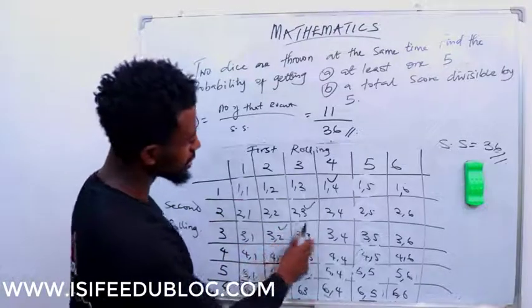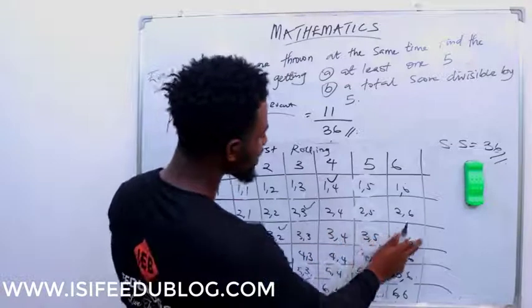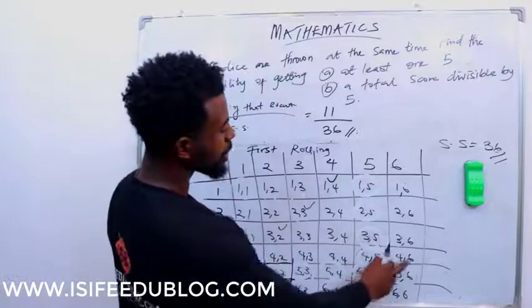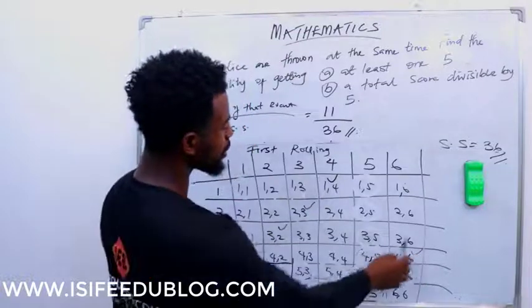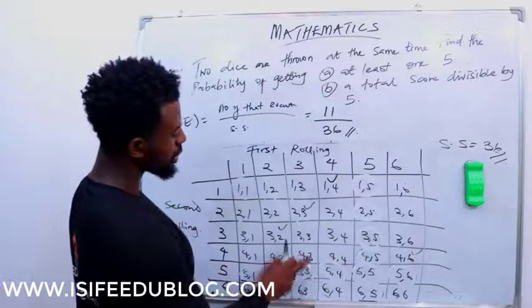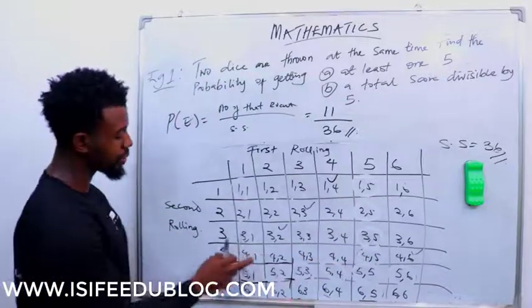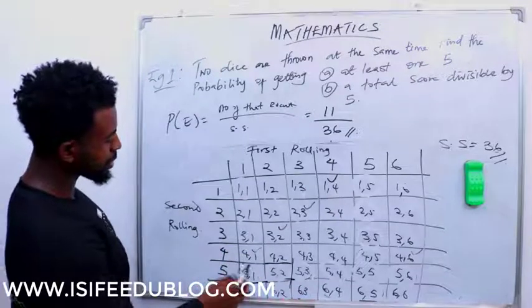3 plus 3 is 6. 3 plus 4 is 7. 3 plus 5 is 8. 3 plus 6 is 9. Right? Now 6 plus 4 is 10. Yes, 10 is divisible by 5. So we're looking for this. 4 plus 5 is 9. 4 plus 4 is 8. 4 plus 3 is 7. 4 plus 2 is 6. 4 plus 1 is 5. Yes, we're looking for this. Now 5 plus 1 is 6.